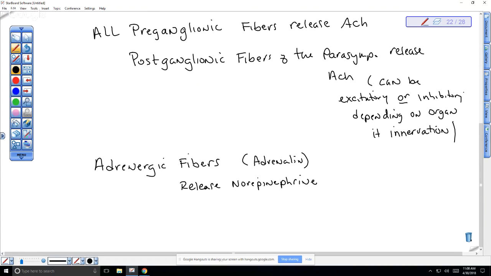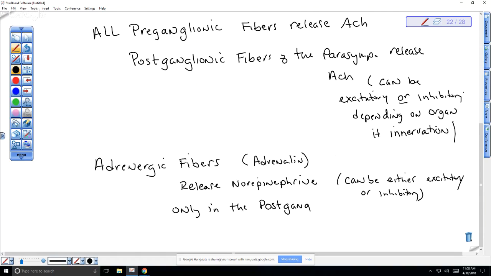And norepinephrine can be excitatory or inhibitory, right? It inhibits the bladder, right? So it can be either excitatory or inhibitory. And it is only in the postganglionic axons of the sympathetic nervous system.